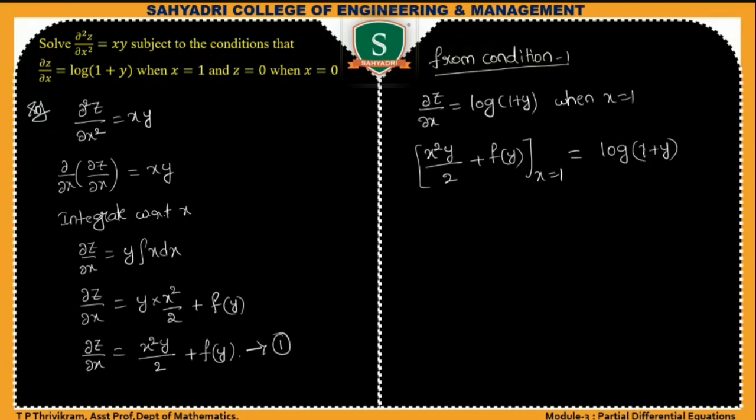Now substitute x equal to 1 here. 1 square, so you'll get y divided by 2 plus f of y is equal to log of 1 plus y.